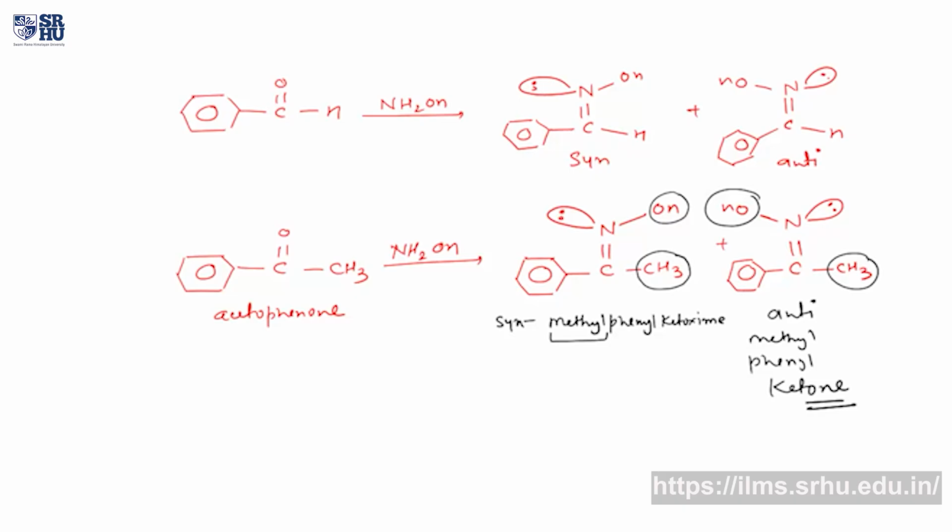This is how we see cis and trans isomerism, or geometrical isomerism, in oximes. Now there is another category of compounds which show geometrical isomerism, and they are called azo compounds. Let us see an example. For example, we have azobenzene, which is one benzene attached to a nitrogen.